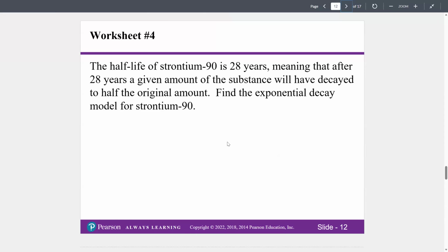So worksheet 4. The half-life of strontium-90, which I believe replaces calcium in your bones sometimes, is 28 years, meaning that after 28 years, a given amount of the substance will be decayed to half of the original amount. Find the exponential decay model for strontium-90.